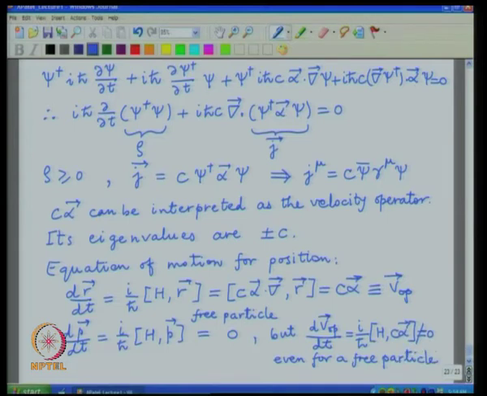So, this is a peculiarity of this new velocity operator, that it is related to the position operator in the usual sense of time derivative, but it is not related to the momentum operator in any simple-minded fashion.